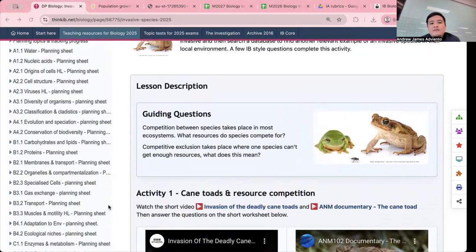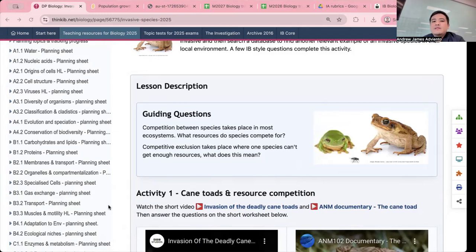An invasive species, let's define it first. It is a species that is not native to an ecosystem and whose introduction causes or is likely to cause harm. So it is important to distinguish that not all non-native species are invasive.